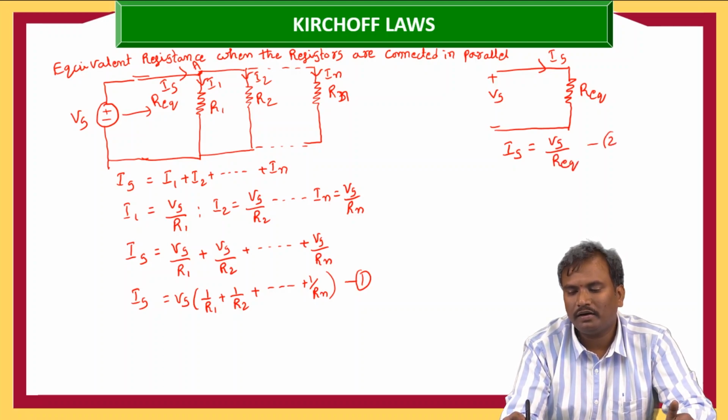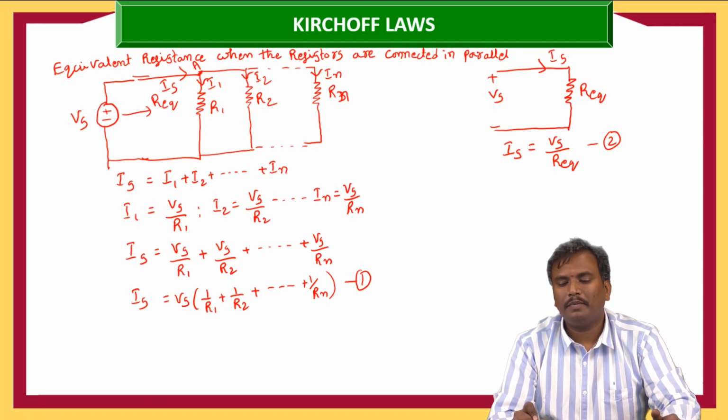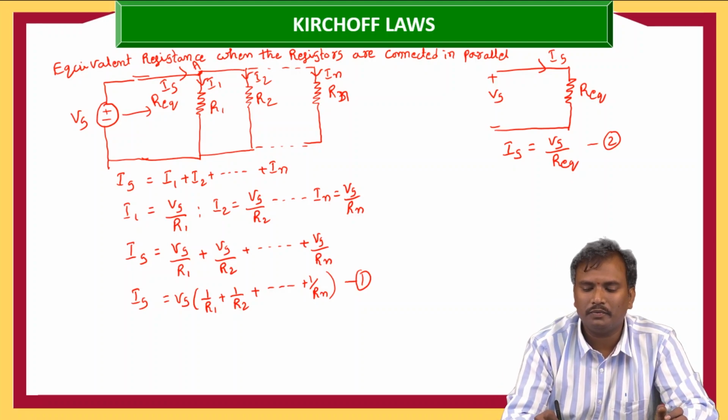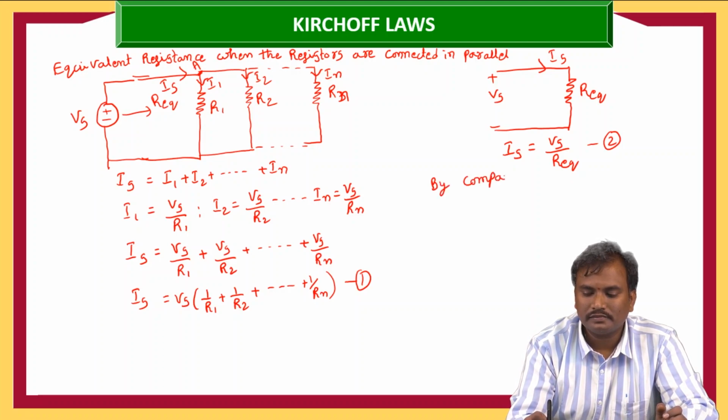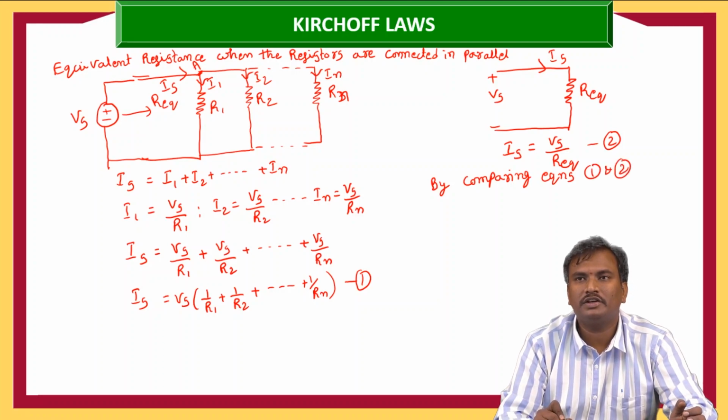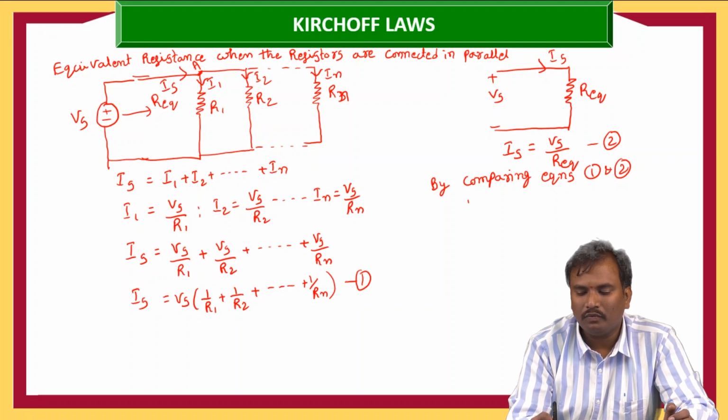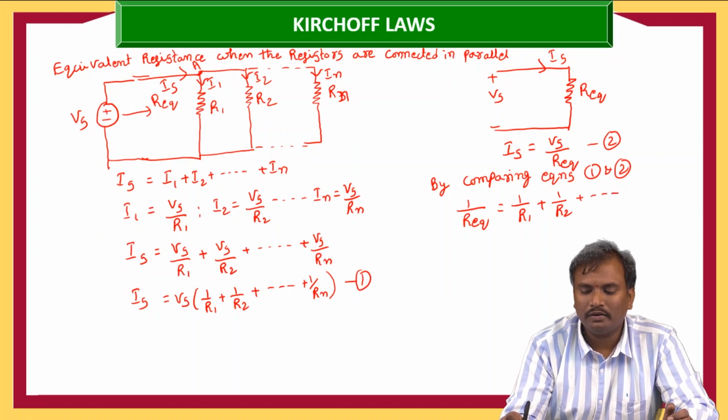This is equation number 2. By comparing equations 1 and 2, 1 by R equivalent is equal to 1 by R1 plus 1 by R2, and so on 1 by Rn.